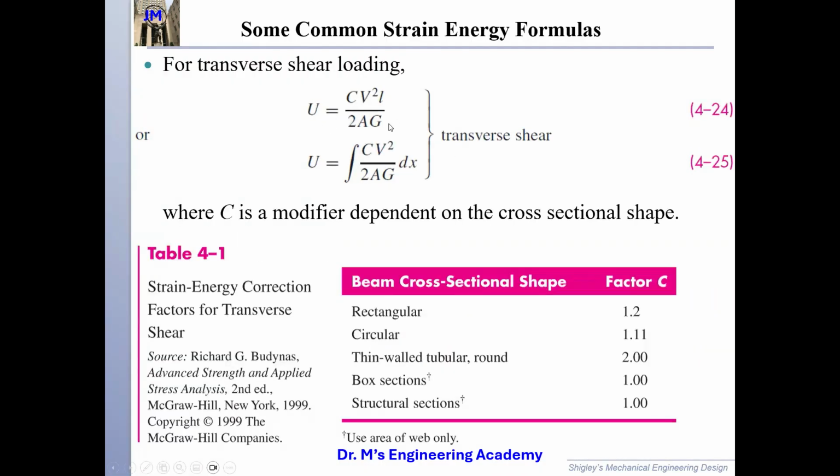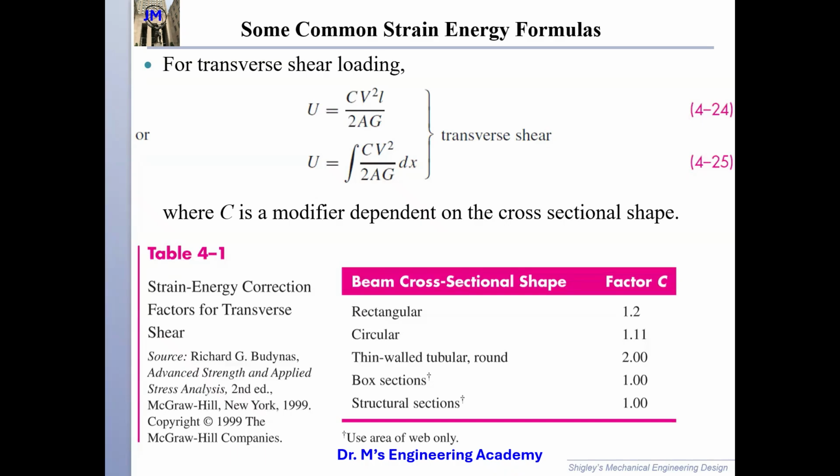Transverse shear, let me draw this one. A transverse shear means that this is my beam. If I have a force, not just a concentrated force but possibly a uniformly distributed force, along this cross-sectional area I have a V. This V is called the transverse shear. However, if this beam is a slender beam, this transverse shear can be ignored.